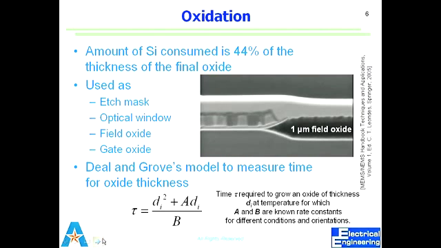So we use it as an etch mask, we use it as an optical window to look at what's below because it's transparent. We use it to cover the field everywhere so devices don't interfere with each other. And one can say that field means a level playing area. If you cover that, fine, but the devices are embedded in the substrate, right?